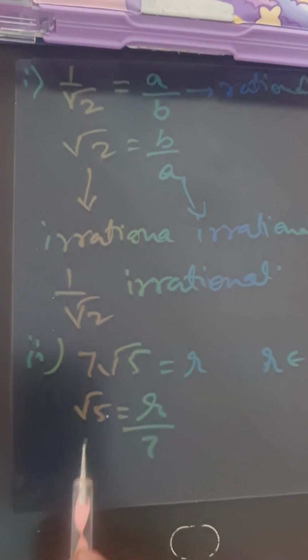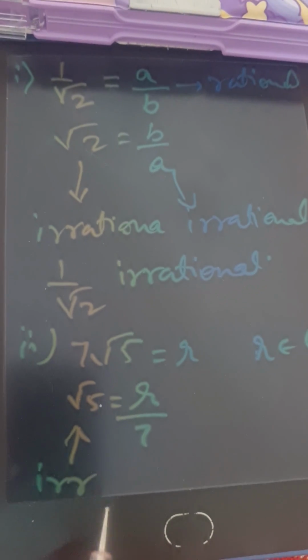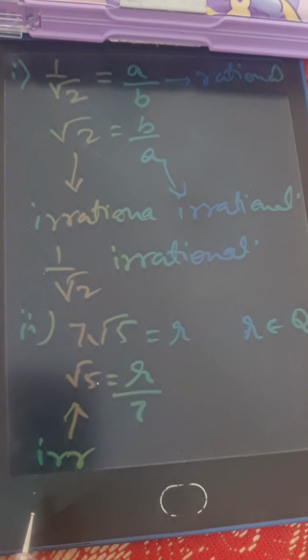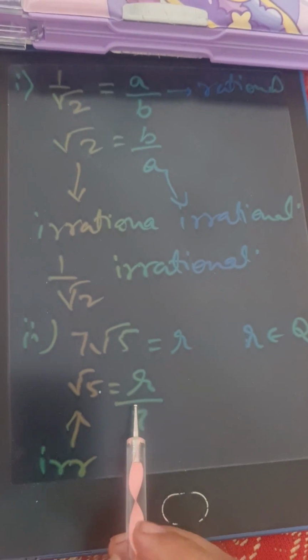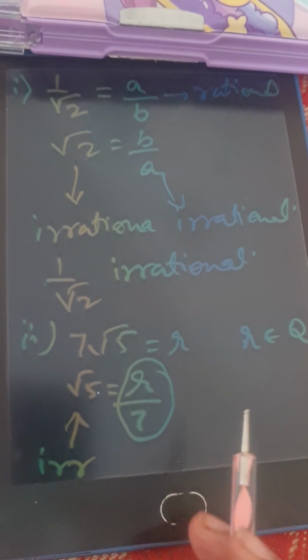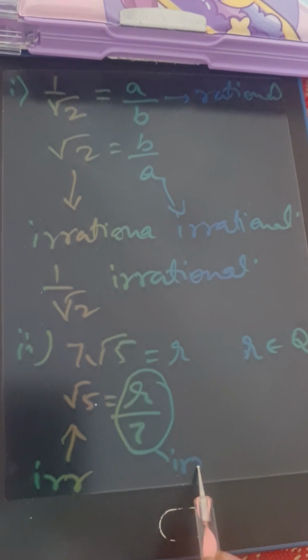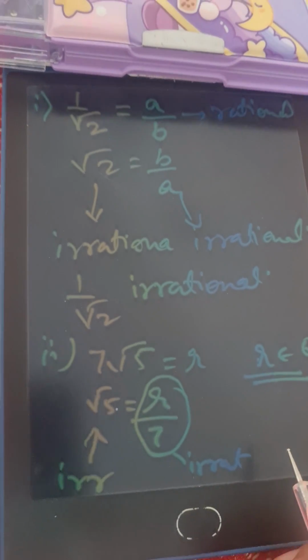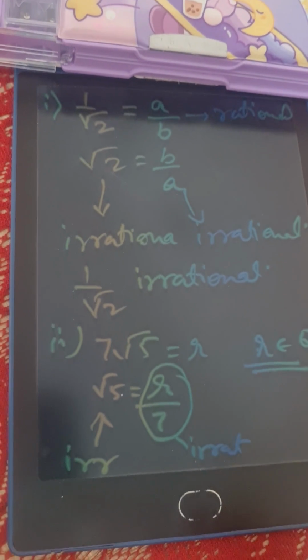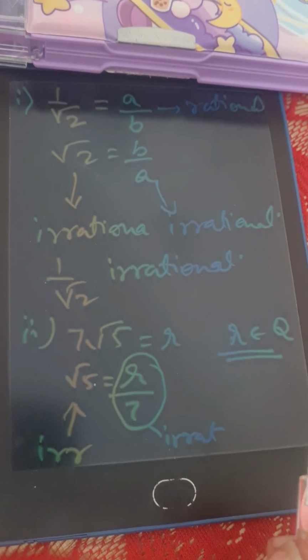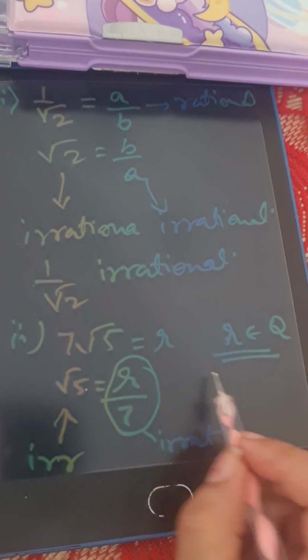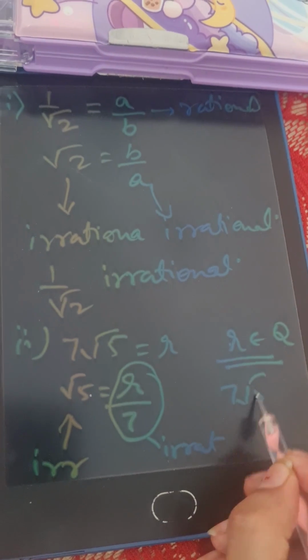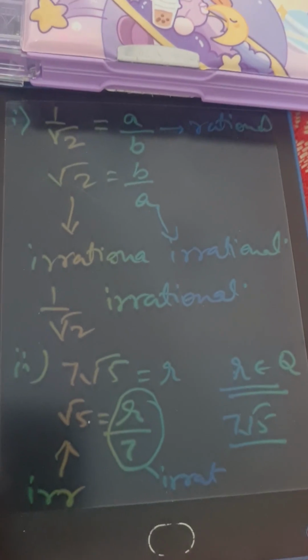Since root 5 is an irrational number, as we have already proved in our earlier question, this is supposed to be irrational too, which is against our assumption. R is a rational number, and hence this is an irrational number. 7 root 5 is an irrational number.